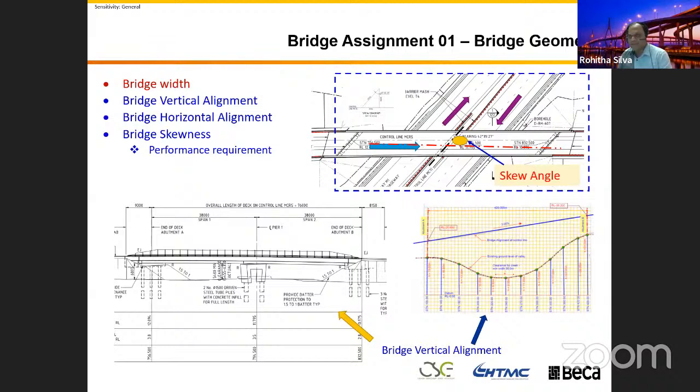When we calculate the bridge width with that data, I think this slide should have been before the previous one. Anyway, it doesn't matter, I'm really sorry. The bridge geometry talks about the bridge vertical alignment and horizontal alignment. Then the bridge skewness, I will explain a bit.